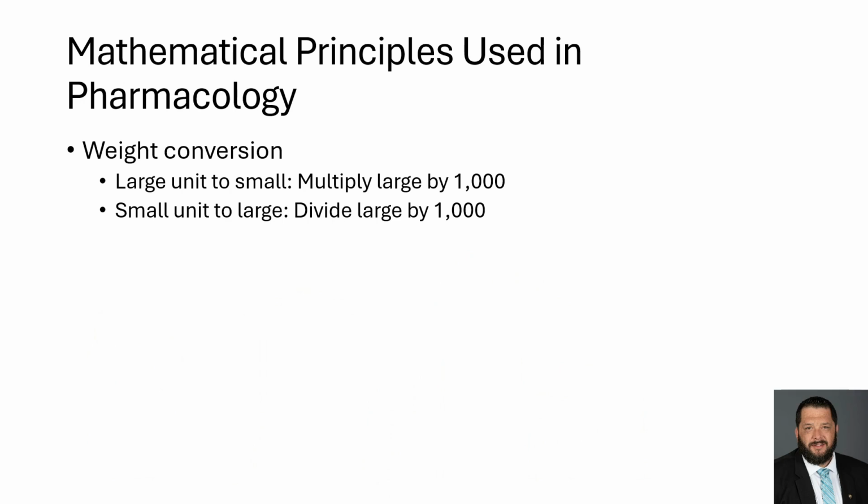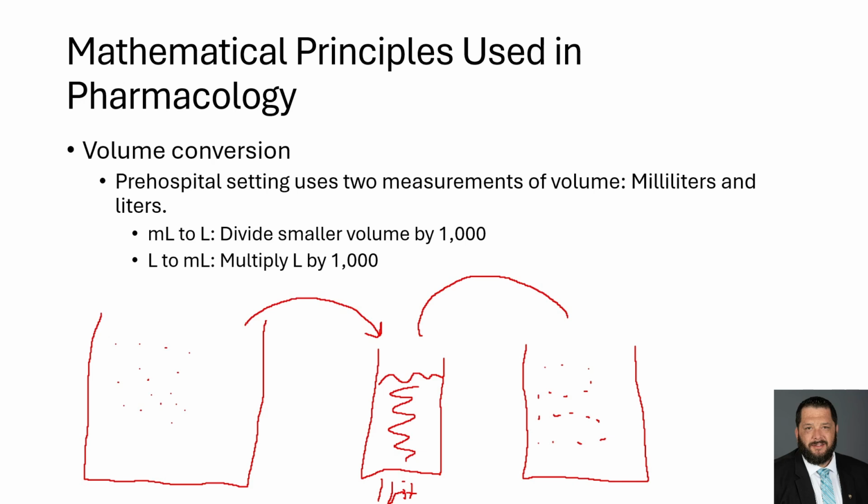Likewise, if we're going into weight conversions or mass conversions, a large unit to small unit, we would multiply the large unit by 1,000. So if we were going from 1 kilogram to 1 gram, we would multiply that 1 by 1,000. There are 1,000 grams in 1 kilogram.